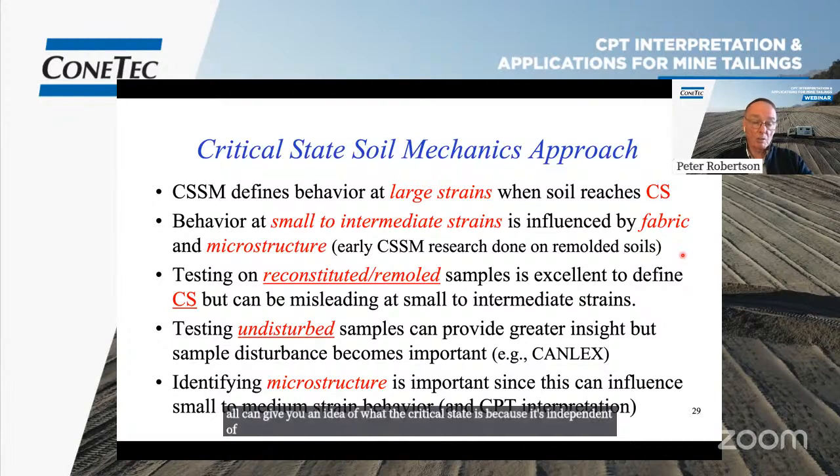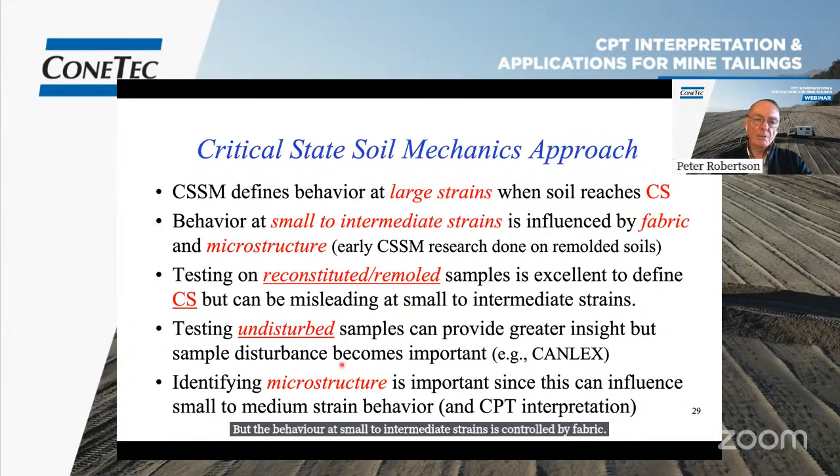It's just a function of the characteristics of the material. But the behavior at small to intermediate strains is controlled by fabric. And so testing undisturbed samples is the preferred way to get greater insight. But of course, the problem there is how do you get undisturbed samples?